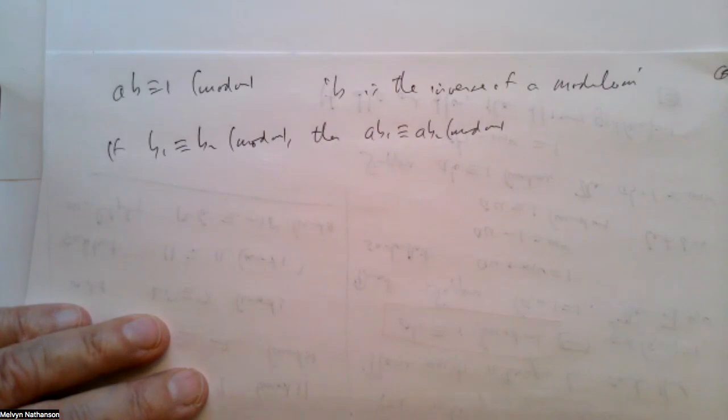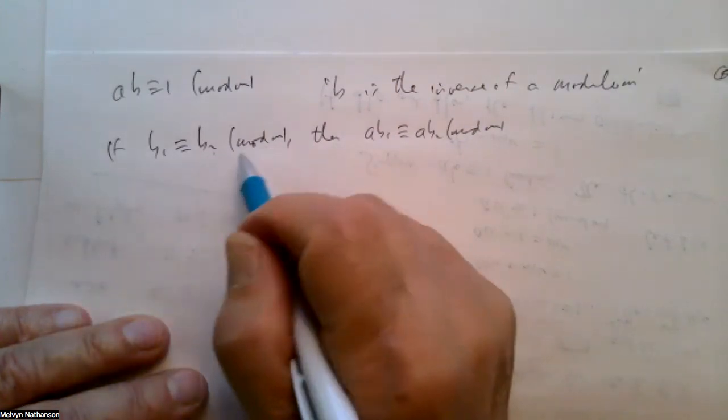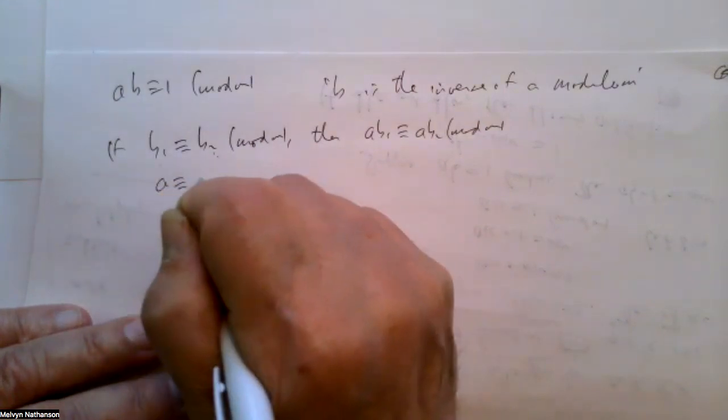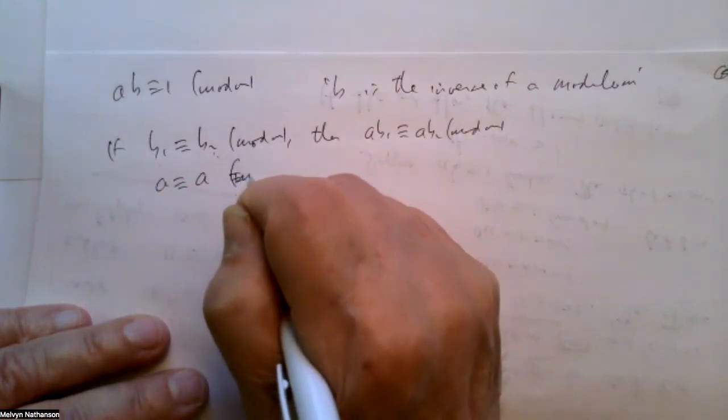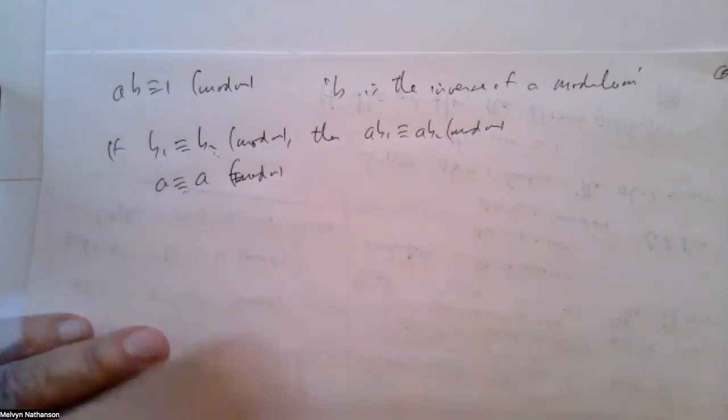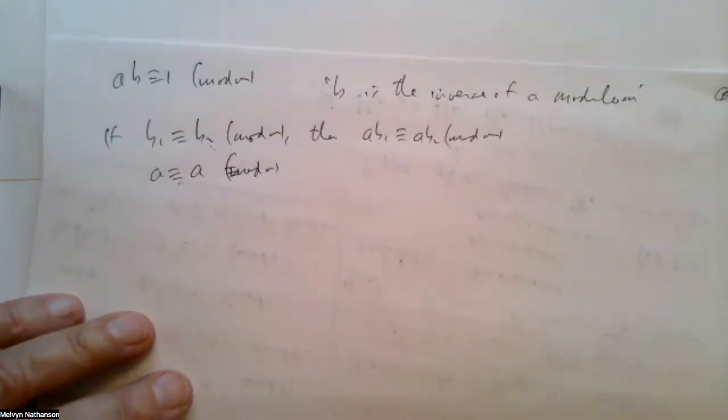What are the congruences we're multiplying? B1 congruent to B2 mod M, and every number A is congruent to itself mod M. Because A minus A is 0, and 0 is divisible by every integer. In particular, 0 is divisible by M.